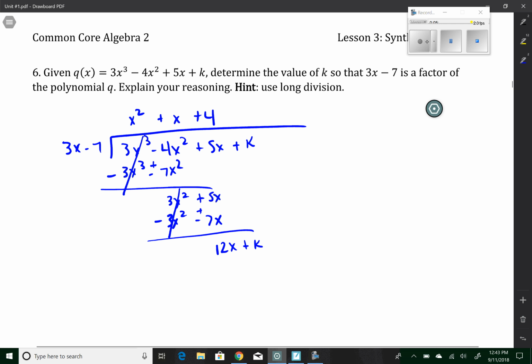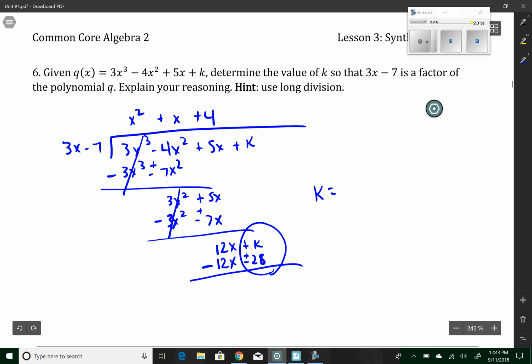So we wind up having 12x minus 28, minus and a plus. So that means k is equal to negative 28. That's how that would wind up happening.